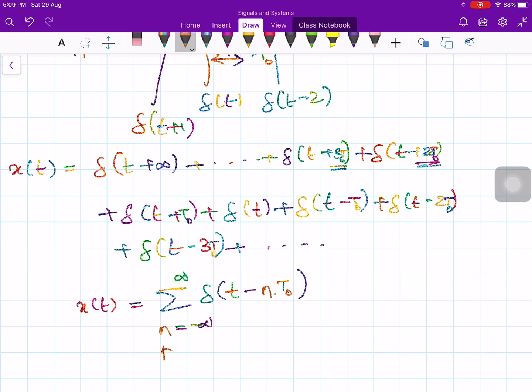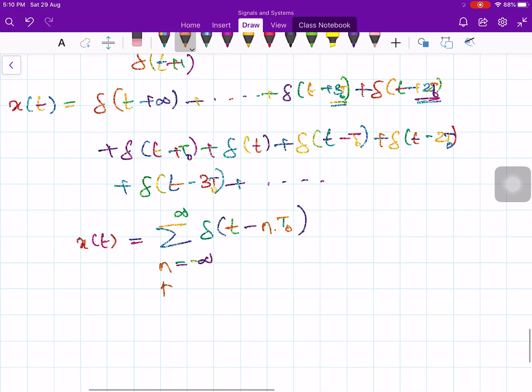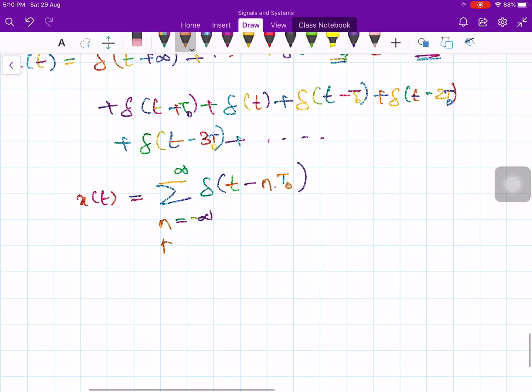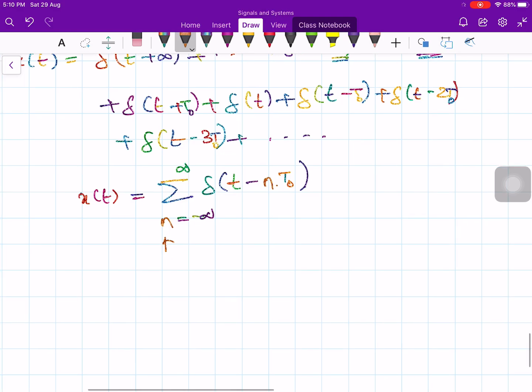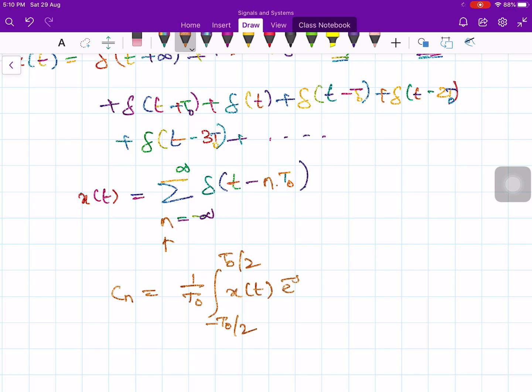Now what is the Fourier spectrum for this? You have to find out the Fourier coefficients to start with, and this can be done with surprising ease, because whenever we have impulses inside the integration sign, the integration becomes quite simple, that we have already seen. So in this case Cn is equal to 1 over t naught integral from minus t naught by 2 to plus t naught by 2 of x of t e to the minus j n omega naught t.